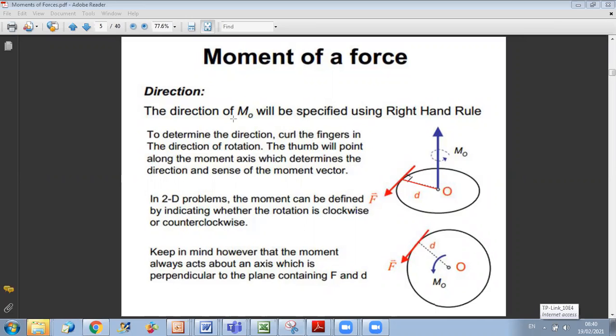So what is the method? The method to determine the direction of the moment is to curl the fingers of your right hand in the direction of rotation, and the thumb will point along the moment axis, which will determine the direction and sense of the moment vector.